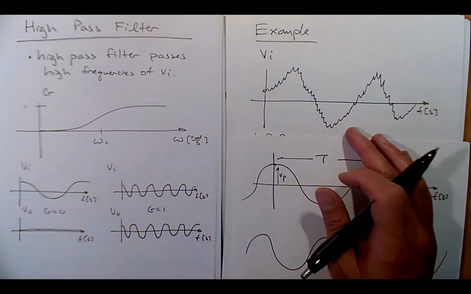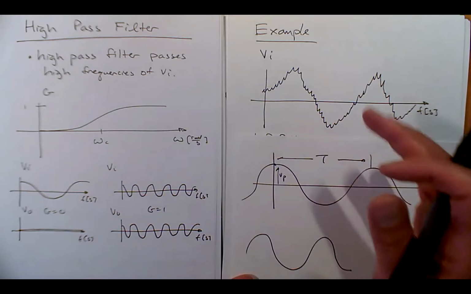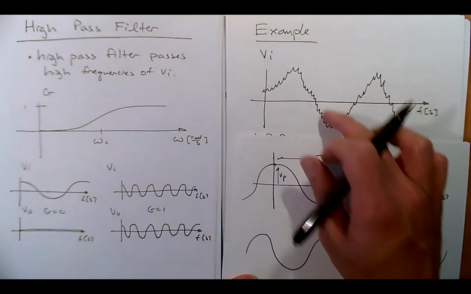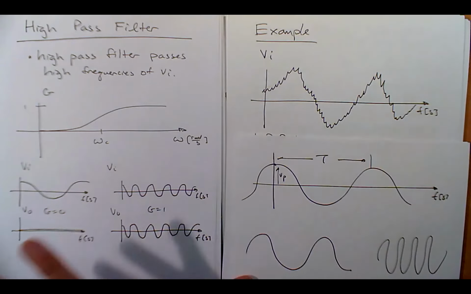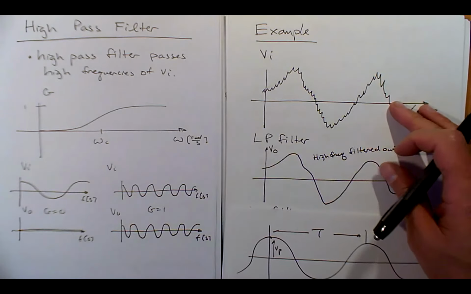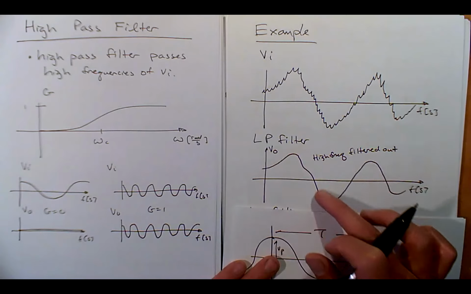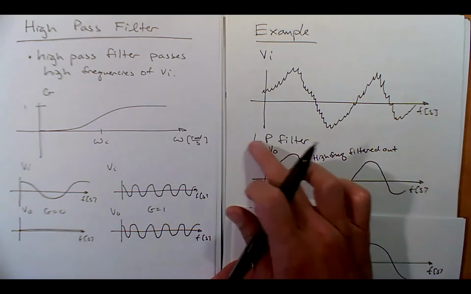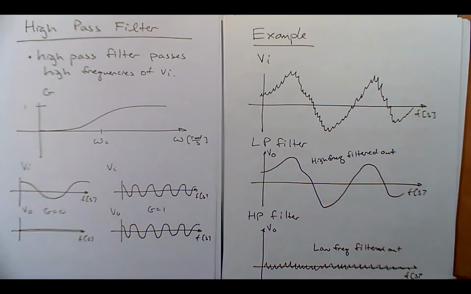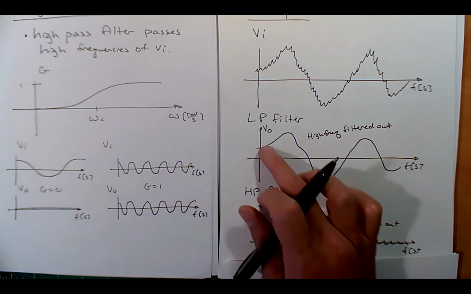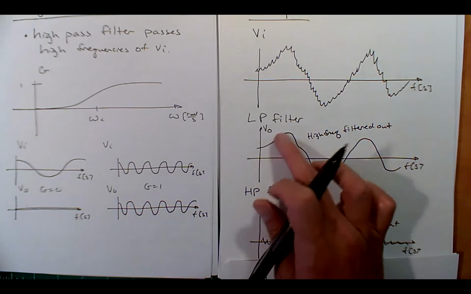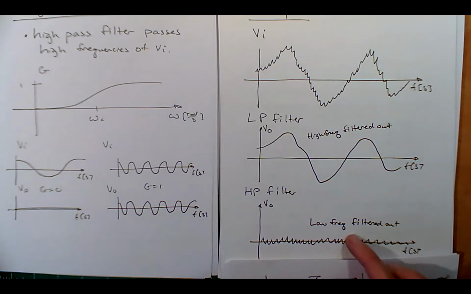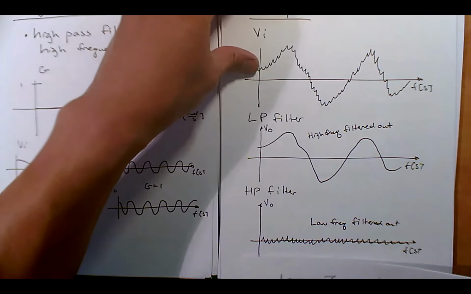A benefit of a low pass filter is all this high frequency component would get killed and you would see something like this. All the high frequency is filtered out for a low pass filter. Now for a high pass filter, it would filter out all the low frequency stuff and you would get to see all the jaggies. Okay, so hopefully that makes sense.